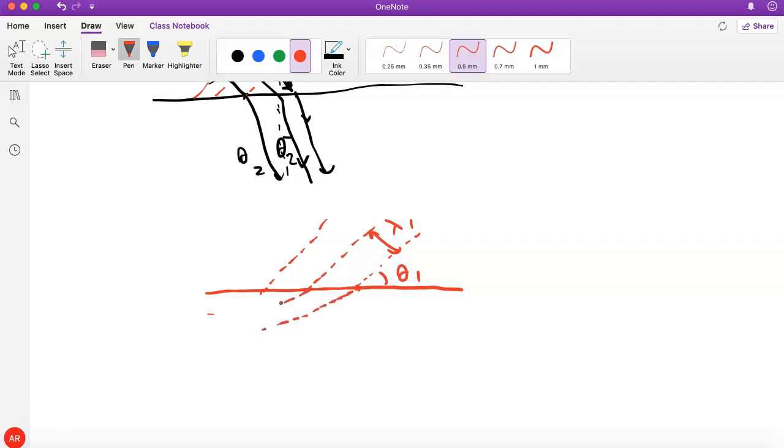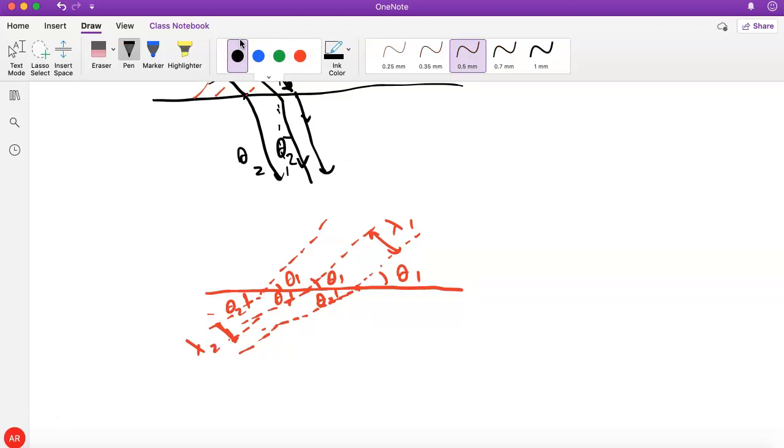They go a little bit this way. They're perpendicular to these rays. Now this angle must be theta 2 here. Theta 2, theta 1, theta 1. And now the distance between the wavefronts in this second material, let's call it lambda 2.